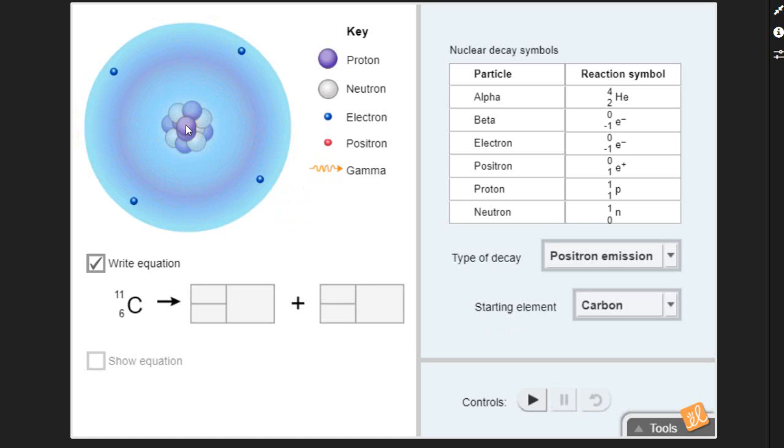What's this start out as? What's the purple? Proton. And he changes his proton into a neutron. And what comes out? Okay, a positron. A positron is like an electron. They're the same size, same mass. The only difference is his charge is positive.